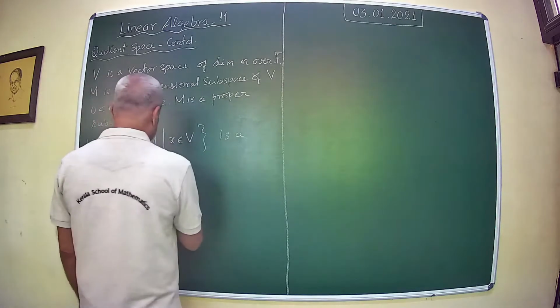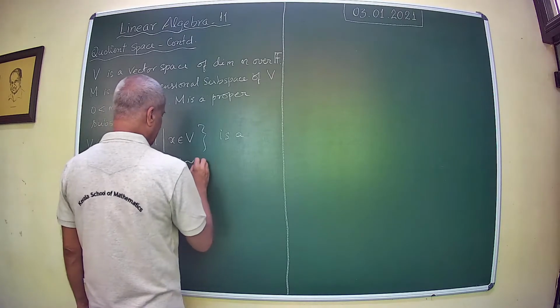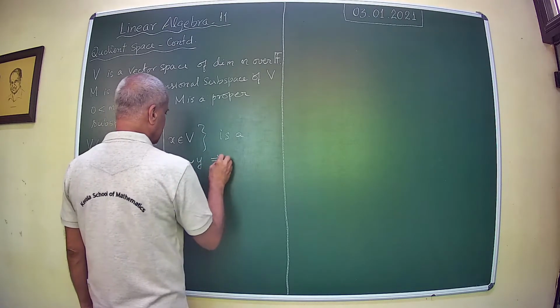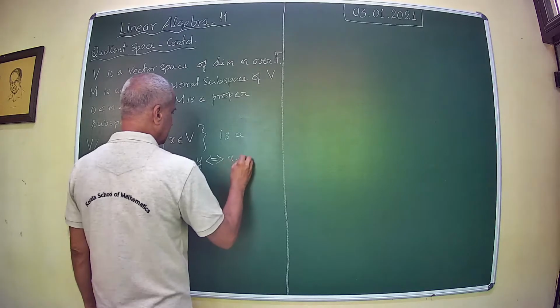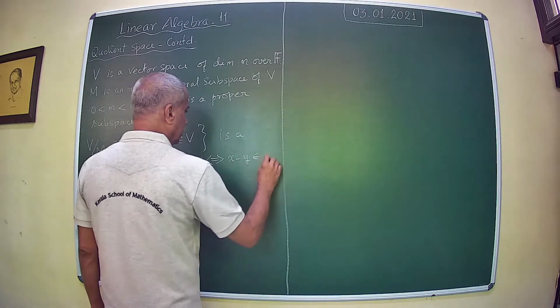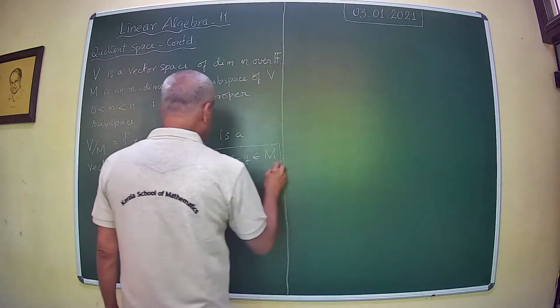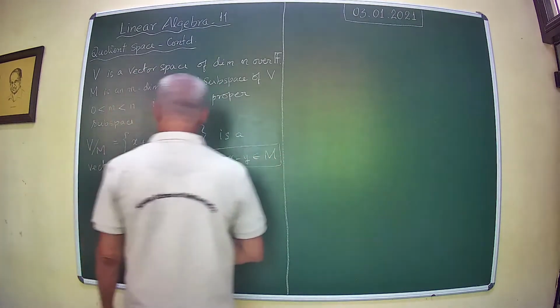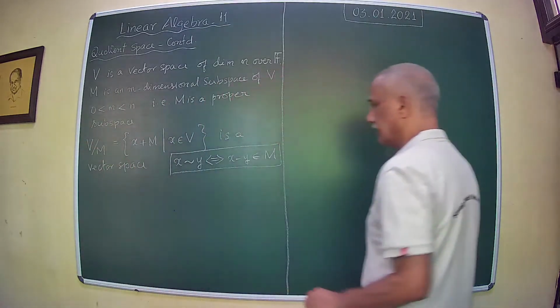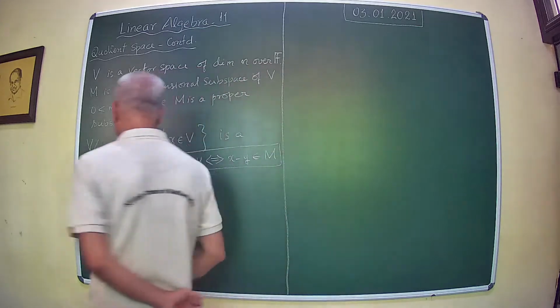With the identification that x is related to y if x minus y belongs to M. With this identification, we have seen that this is an equivalence relation, therefore this classifies it. And we have addition and multiplication defined.